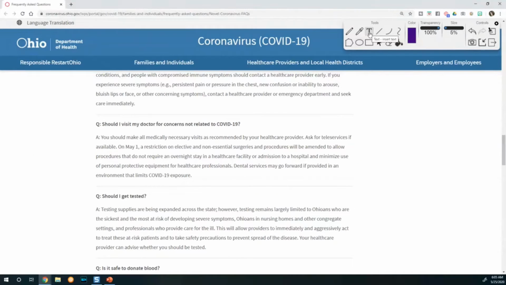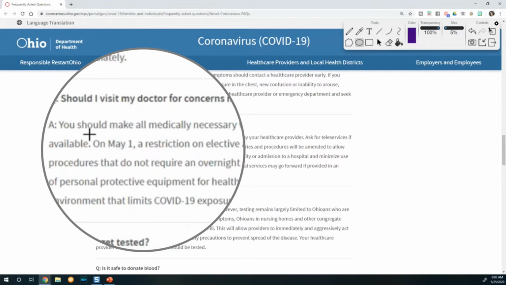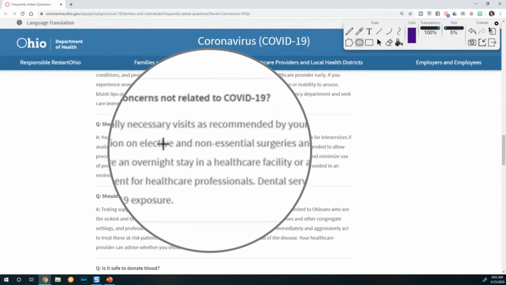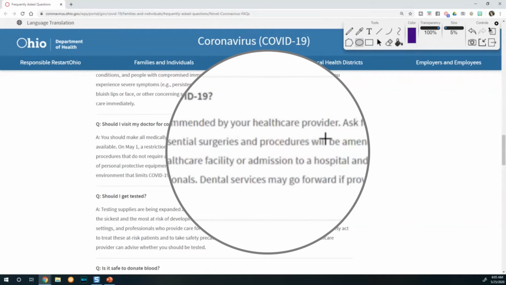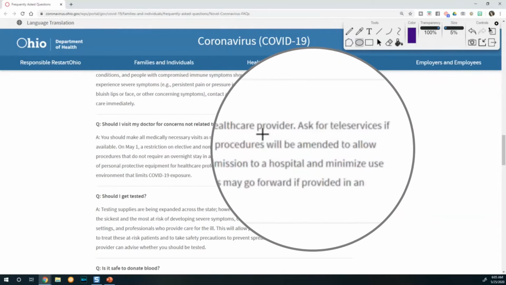All right, so here's an example where I'm looking for time words around modals, and I see some information to help me understand what the modal means. So I'm looking, should I visit my doctor? You should make all medically necessary visits. Okay. On May 1st, a restriction on elective and non-elective surgeries will be amended.